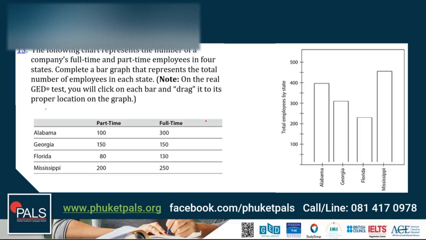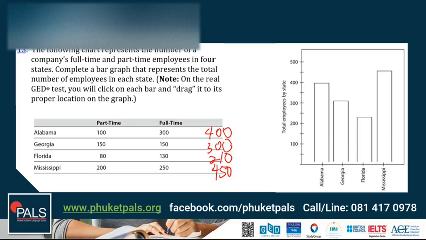So Alabama, 100 plus 300 is 400. Georgia, 150 plus 150 is 300. Florida, 80 plus 130 is 210. Mississippi, 200 plus 250 is 450. And then complete the bar graph.